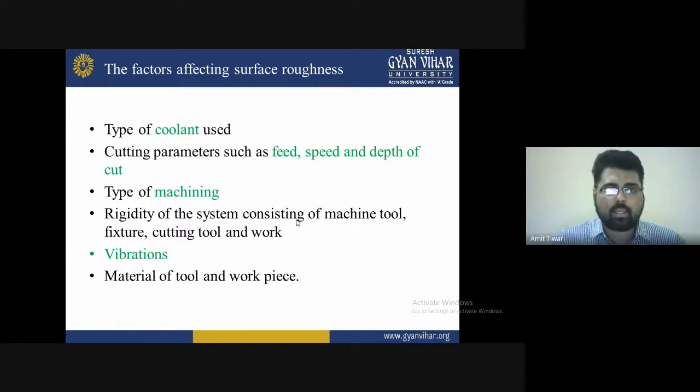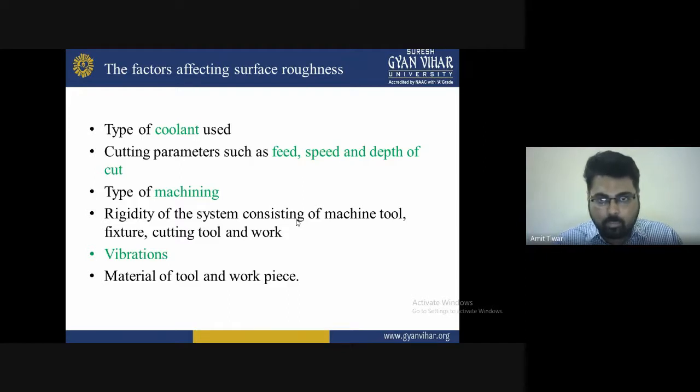Second are the cutting parameters such as the feed rate, spindle speed, and depth of cut. When doing machining, these cutting parameters are the most important factors responsible for increasing the surface roughness. One of them is the feed rate, with respect to cutting speed, and increasing the depth of cut too much.